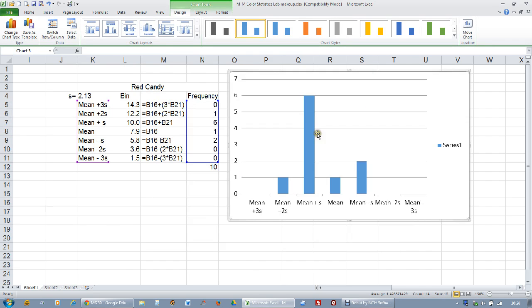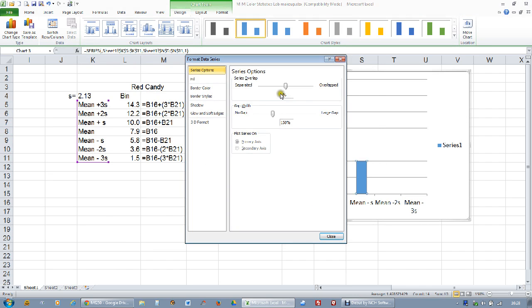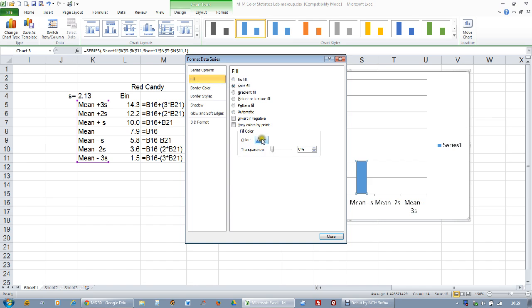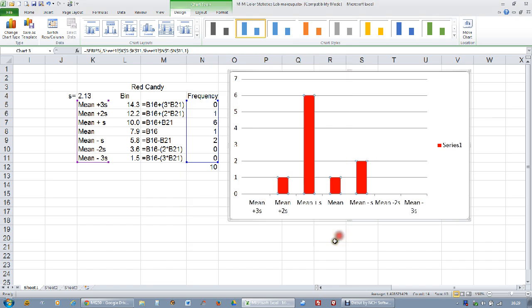I'll put that right there, and I'm going to format the data series to fill series. Do a solid fill, and I'm going to change the color to red because it's red M&Ms we're talking about.